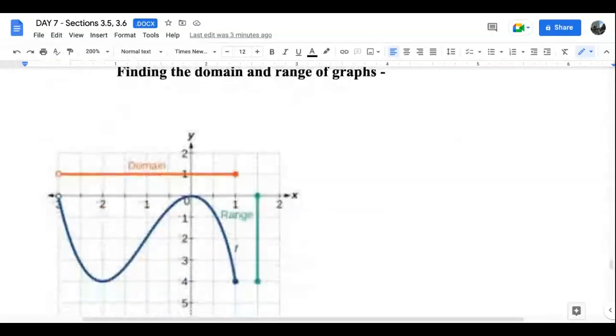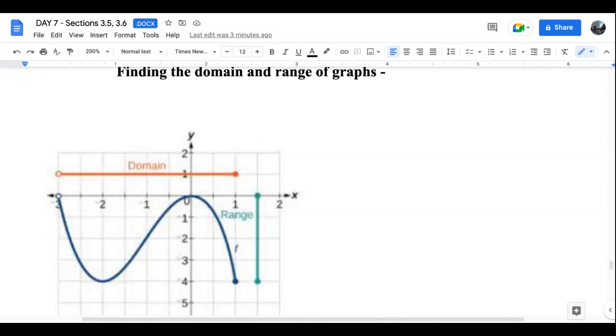Let's see this one. We have a graph in dark blue, and that represents a function, since it passes the vertical line test. Now we can ask two questions. What is the domain of this function? For the domain, we read the x-axis from left to right, as someone reminded us before.